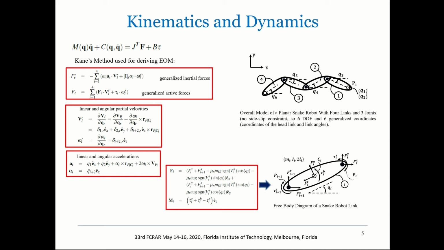There are 6 degrees of freedom and 6 generalized coordinates due to the no side slip constraint. Also, in the bottom right, you can see the free body diagram of the snake robot link, where the black dots are the reactionary forces, and the white dot in the middle is the center of mass, and I is per link.